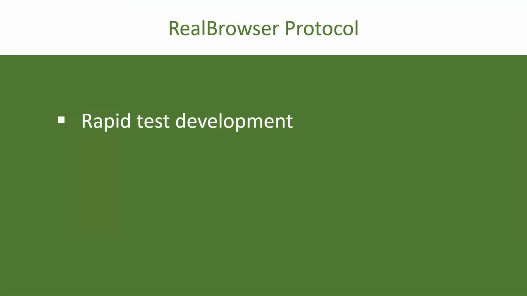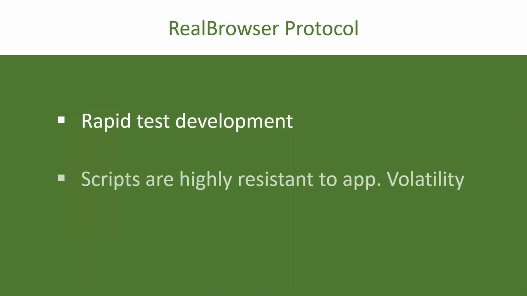Some key features: real browser will help in rapid test development. That is, the entire end-to-end performance test suite can be developed and executed in a short span of time. The scripts are also highly resistant to app volatility.